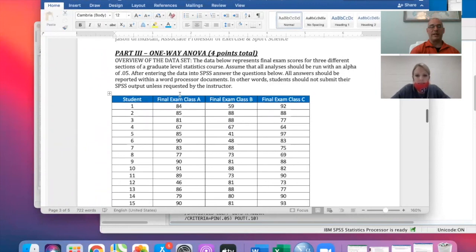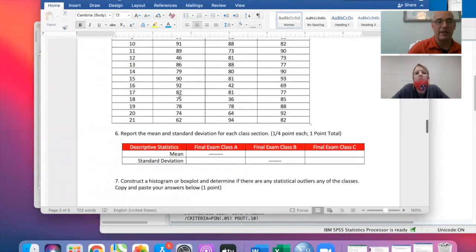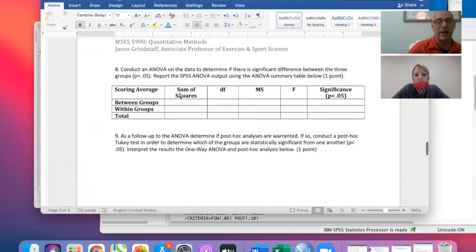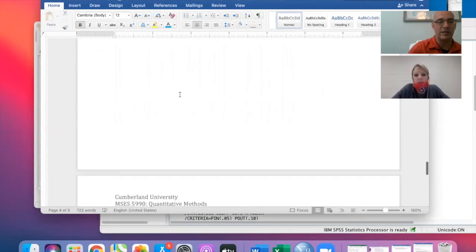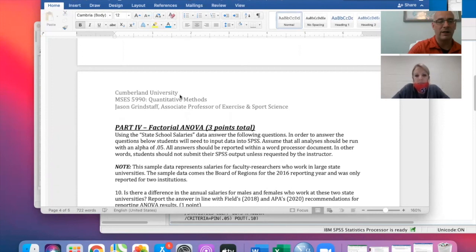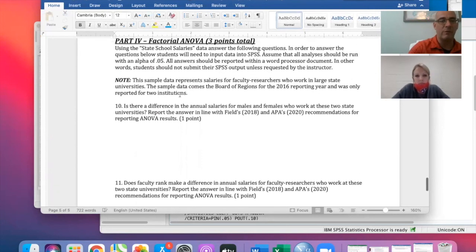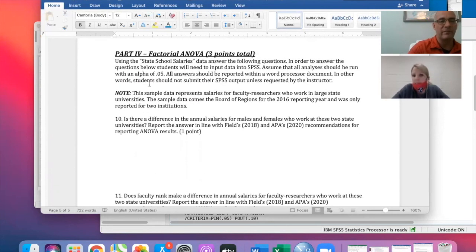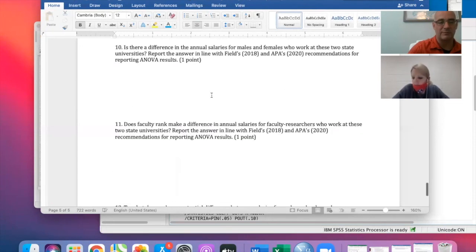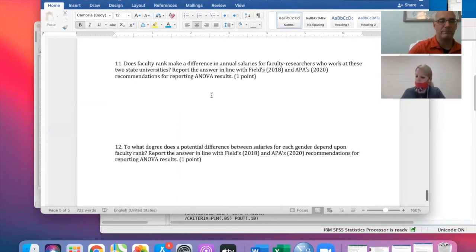Now we can't run t-tests. We have to run analysis of variance. So we'll try to get into some of that tomorrow night so that we understand how to do that. And then we'll see what we have time for factorial ANOVA, because that's the last part of our assignment, I believe. Yep.